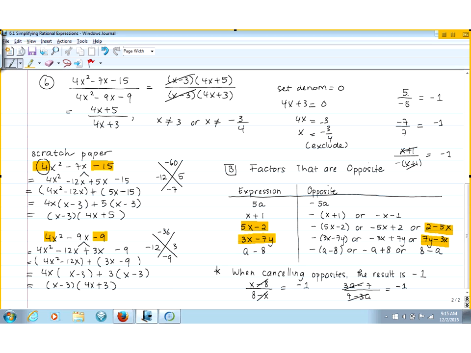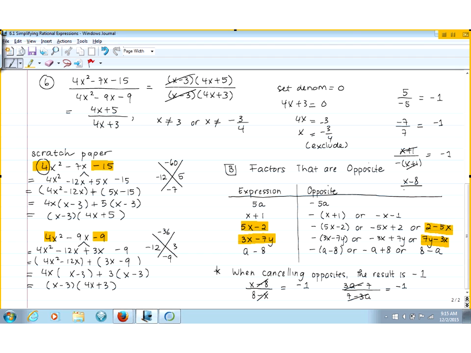So it's like 5 divided by -5. So 5 divided by -5 is not 1, it is -1. Does that make sense? Because you still have this negative here.